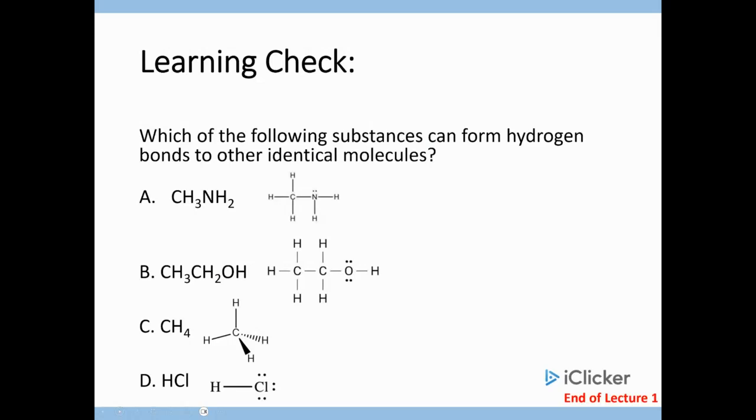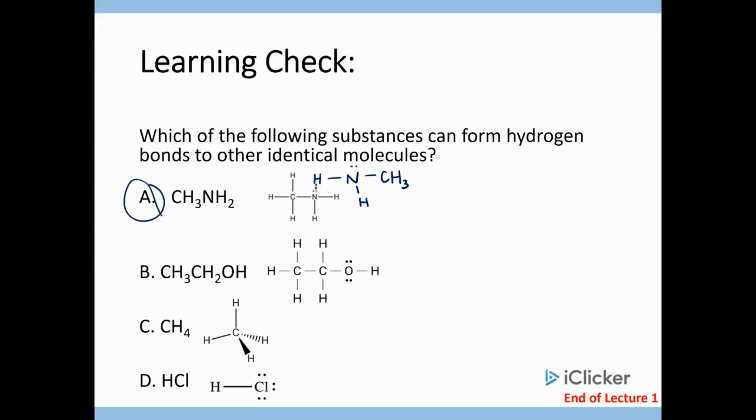Okay, so this first molecule, we have 3 hydrogens bonded to a carbon. Those can't hydrogen bond. But over here, we meet the conditions of hydrogen bonding, nitrogen bonded to hydrogen. So this means another molecule of the same structure can have a hydrogen bonding interaction between the nitrogen and hydrogen of different molecules.